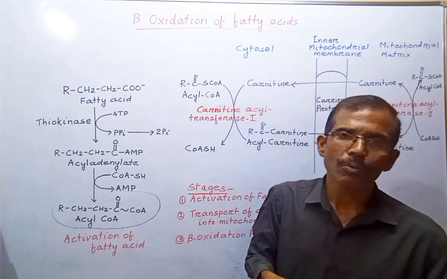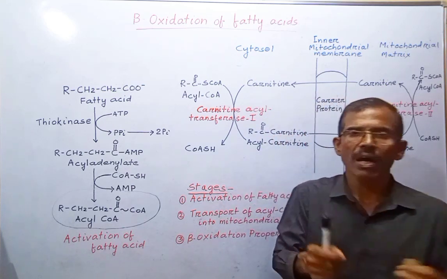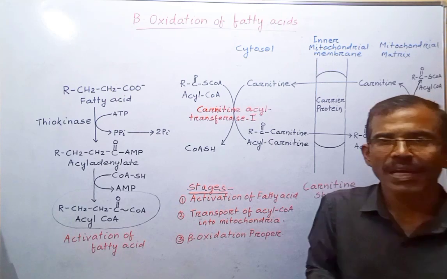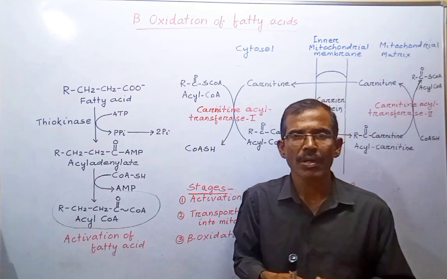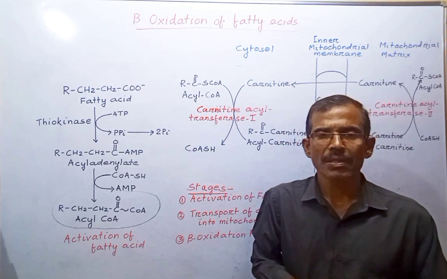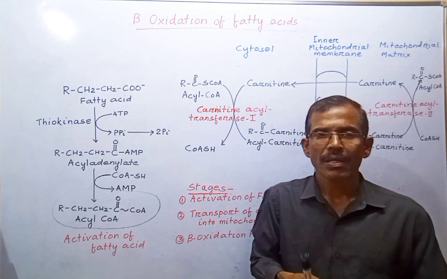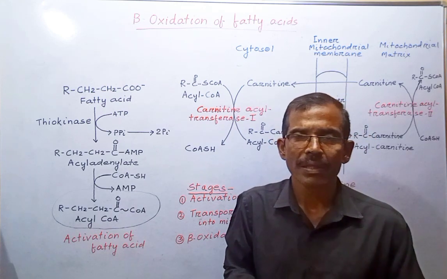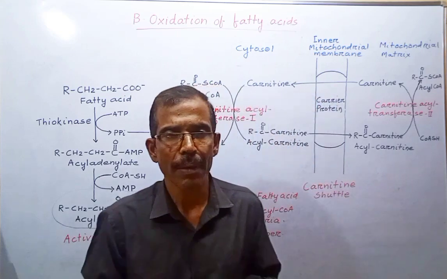Fatty acids are mostly oxidized by the beta oxidation pathway, in which fatty acids are oxidized on the beta carbon atom. Each cycle of beta oxidation results in the sequential removal of a 2-carbon fragment, acetyl coenzyme A.